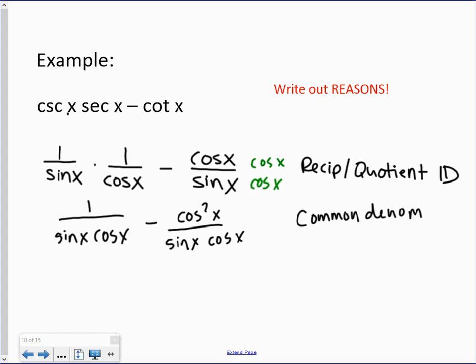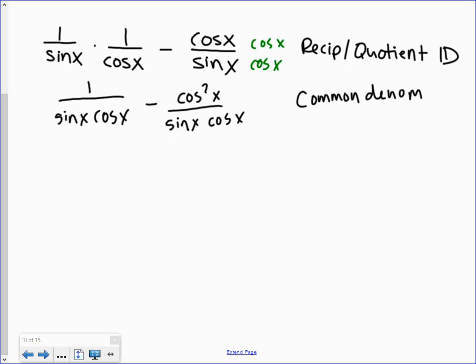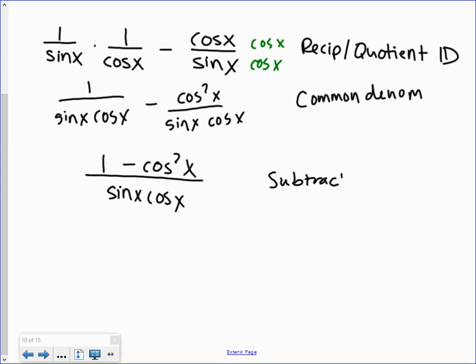And then I could subtract them, right? 1 minus cosine squared in the numerator, and sine x cosine x in the denominator. So I'm going to say subtract. Sometimes your reasons are really just math that you're normally doing. Okay. What sort of pops into your mind at this point?